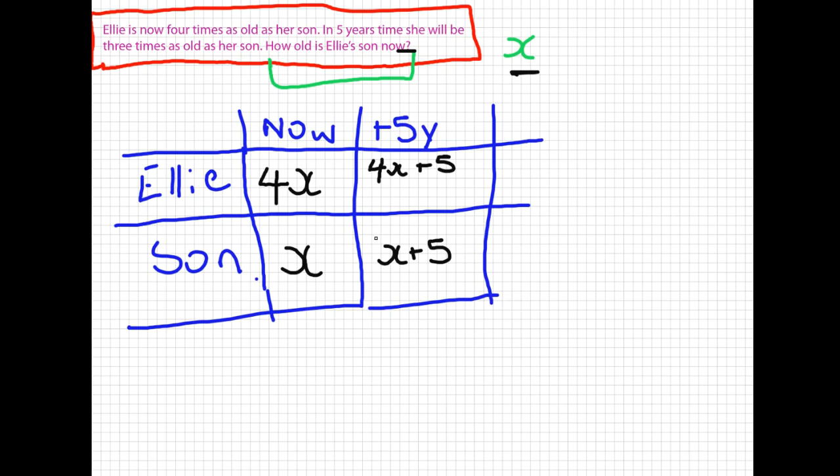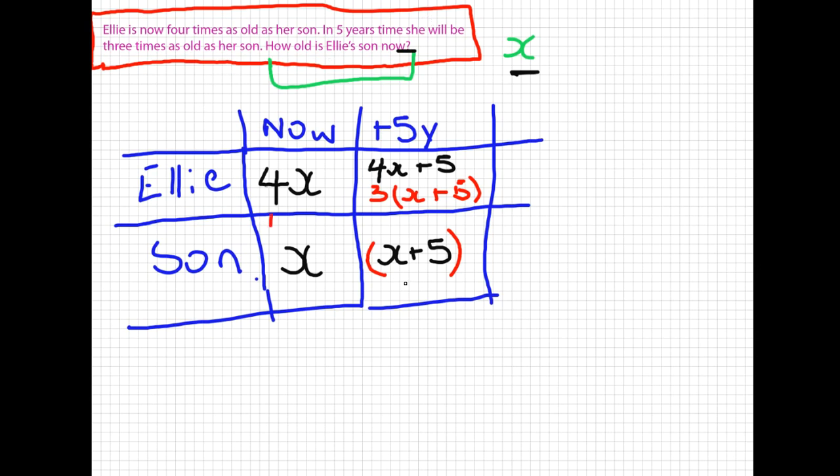So in 5 years' time the son is x plus 5 years old. Ellie will then be 3 times as old as that. So 3 times (x plus 5). That is because, looking back at our problem, in 5 years' time she will be 3 times as old as her son.